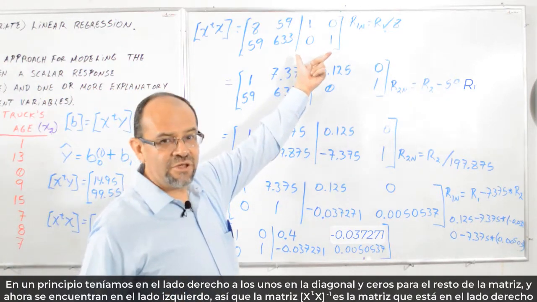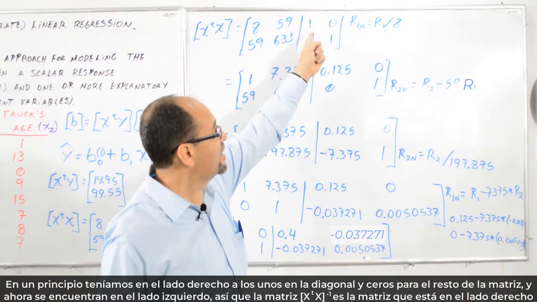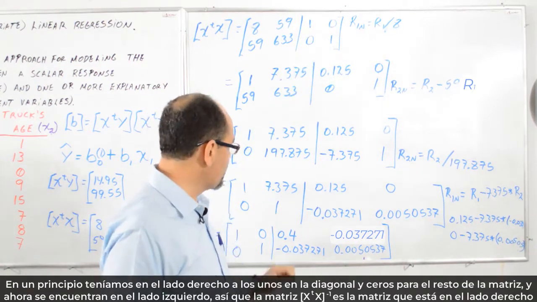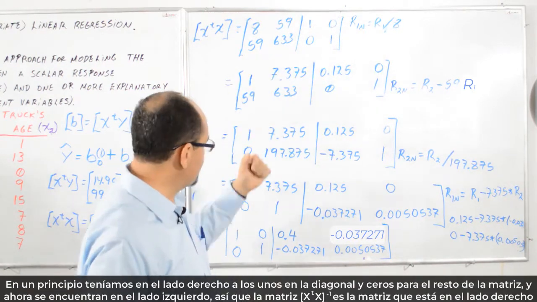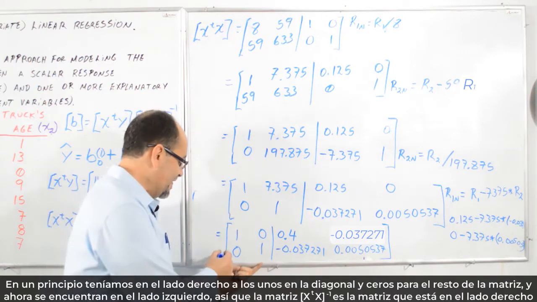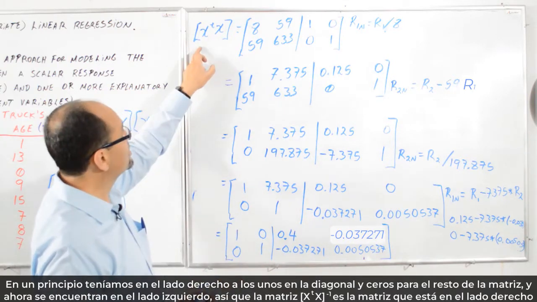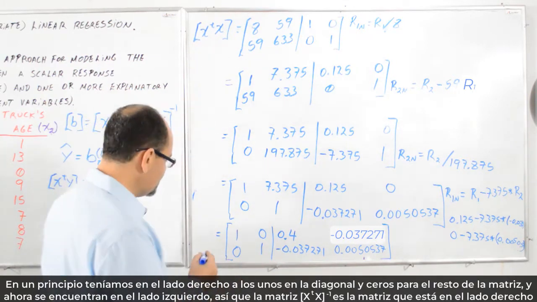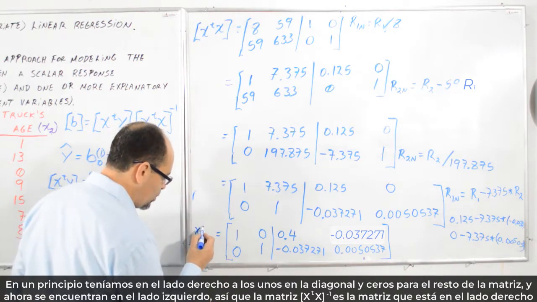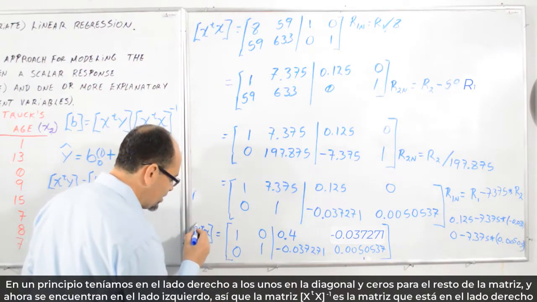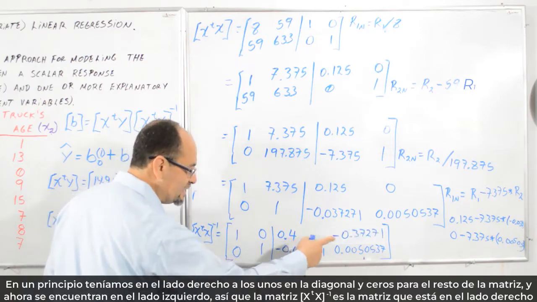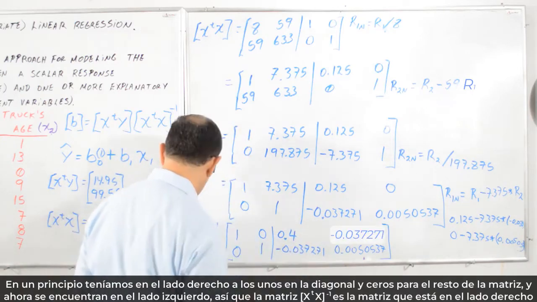This part, which is ones on the diagonals and 0 for the rest, now they are at the left side. Then the X transpose X inverse is this matrix on the right.